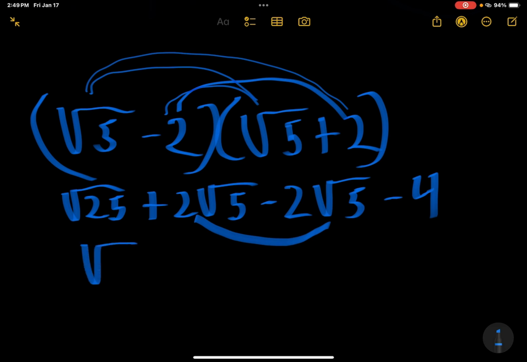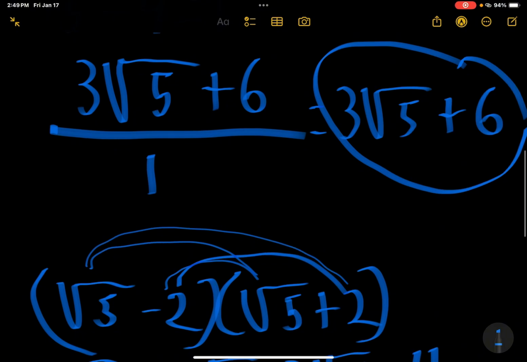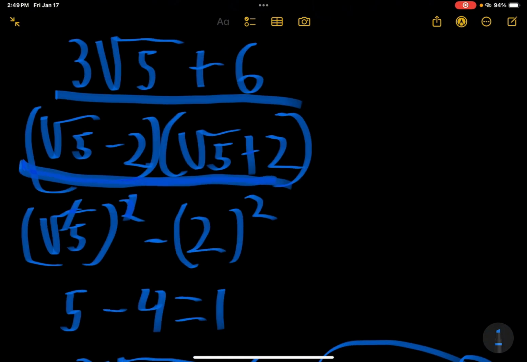And now we got square root 25 minus 4. The square root of 25 is 5 because 5 times 5 equals 25. So this ends up being 5 minus 4, and 5 minus 4 equals 1. And that's where I got that 1 from. So that's where I did this right here. Square root 5 squared minus 2 squared also ends up equaling 1.